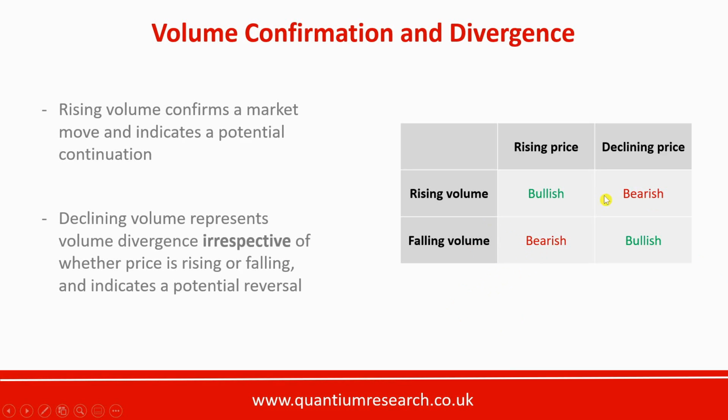When price is declining but volume is rising, we've got a bearish situation, because the volume is confirming a downtrend. In this case, investors are committing capital to the downside, and the outlook is therefore bearish.